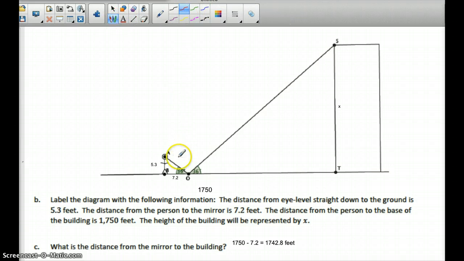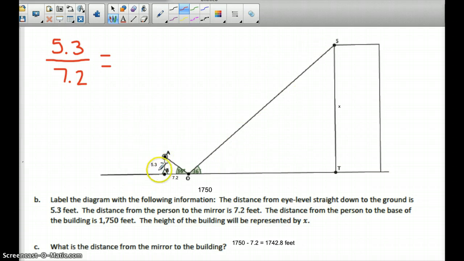So if I take the height of the person, 5.3, and I'm going to put that over how far it is from the person to the mirror. And then I'm going to set that equal to what corresponds with those two sides on the bigger triangle.